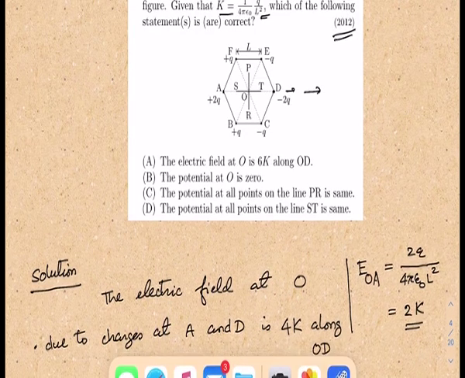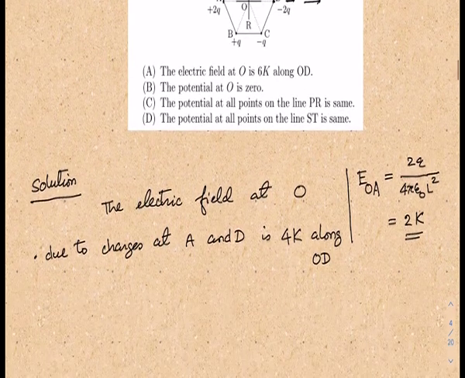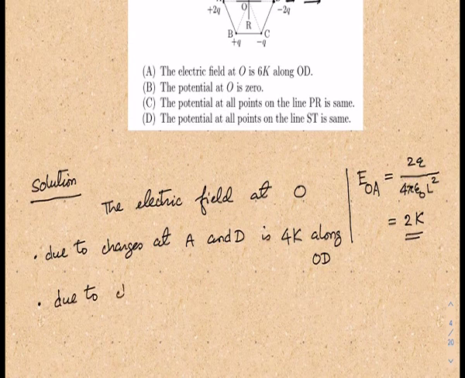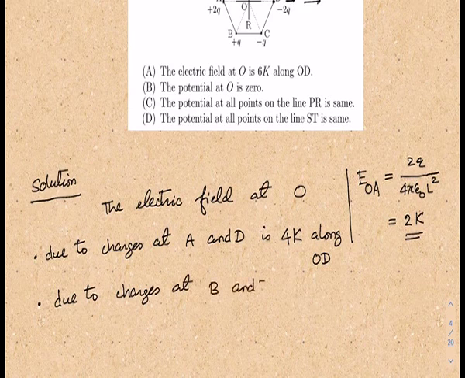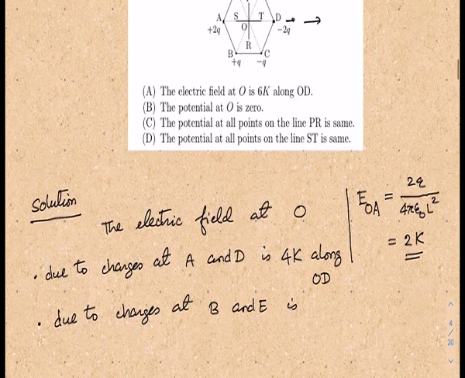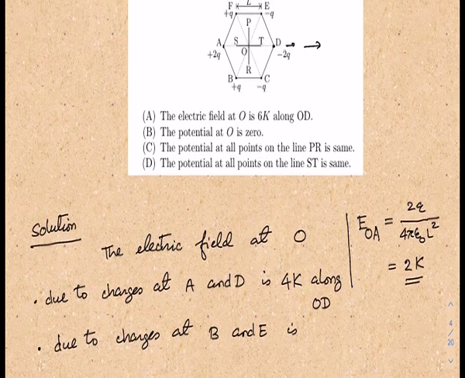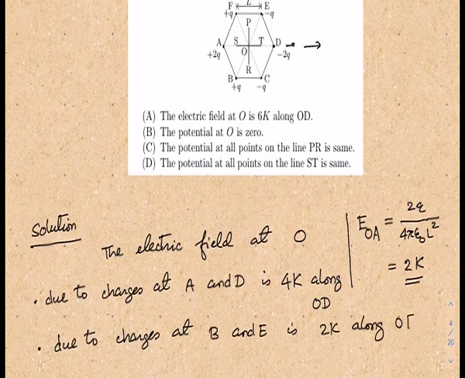Okay, and then you have the second one, due to charges at B and E. With similar logic, it would be along OE, and this would be half of this, so it would be simply 2k along OE.